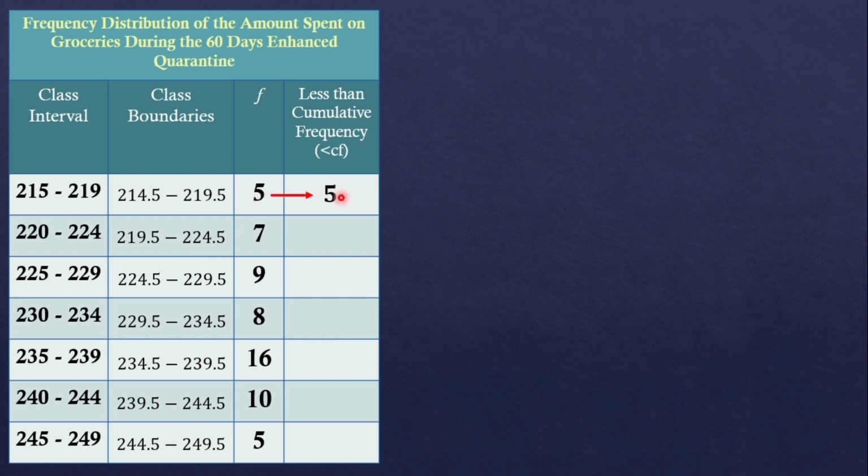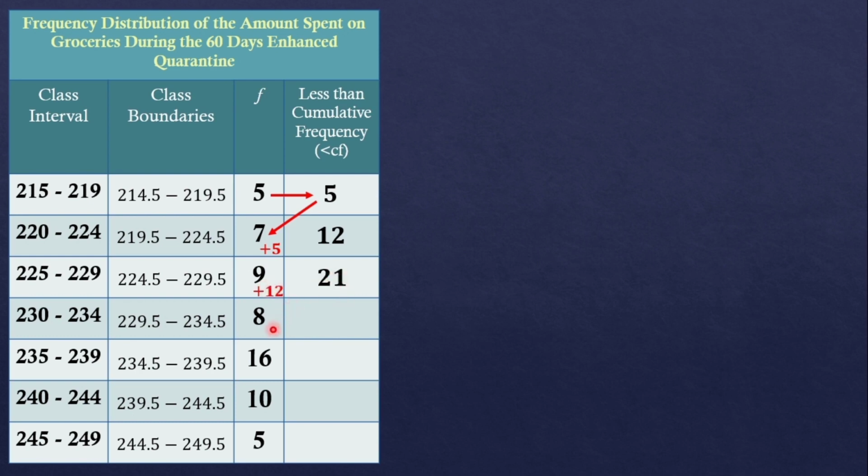And then after that, i-add natin si 5 doon sa next frequency. So that is 7 plus 5. So that is 12. Now, gawin po ulit. So 12 naman, i-add mo sa 9. Yung nakuha mong sum, i-add mo naman ngayon dun sa susunod. So 12 plus 9, that is 21.